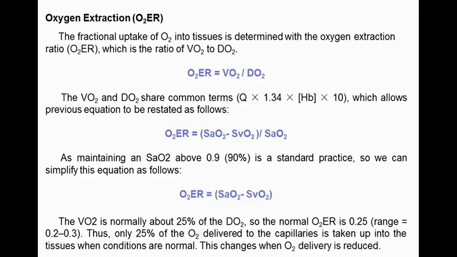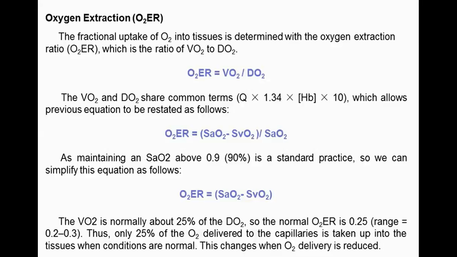Let's start with DO2. What are the parameters of DO2? The cardiac output, 1.34, the hemoglobin, the 10 to convert to liters, and the arterial saturation. While VO2 is the same, but the saturation is not arterial; it is the difference between arterial and venous.